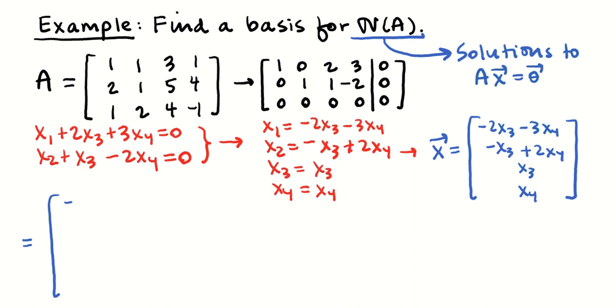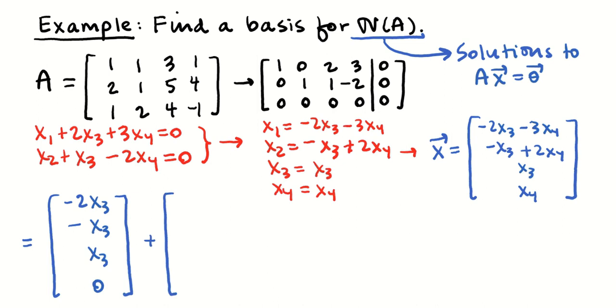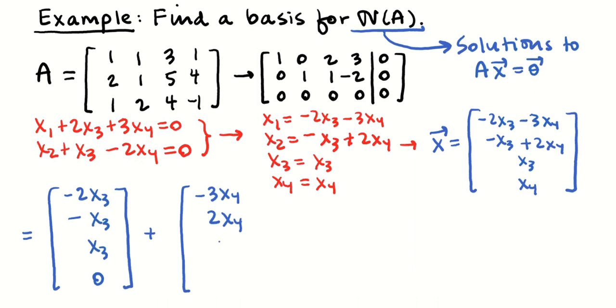In terms of x3, I've got negative 2 x3s here, negative 1 x3s, x3, and then I don't have any x3s in the fourth component, so I'm going to put a 0 there. And I'm going to add that to the stuff with x4, that's negative 3x4, positive 2x4. I don't see an x4 in that third spot, so I just put a 0, and I'll put an x4 there.